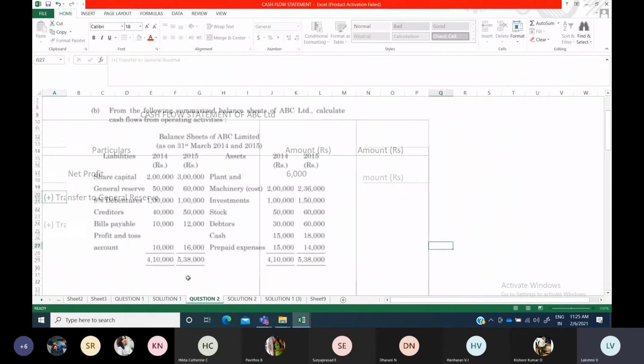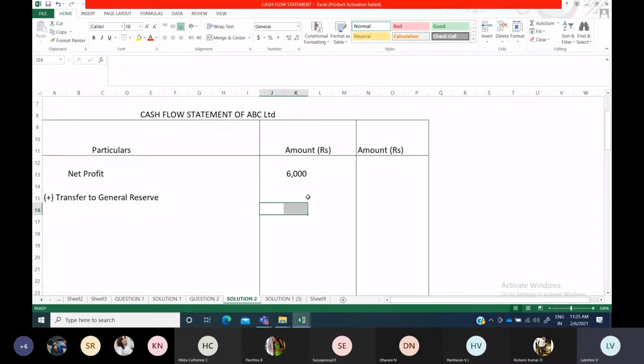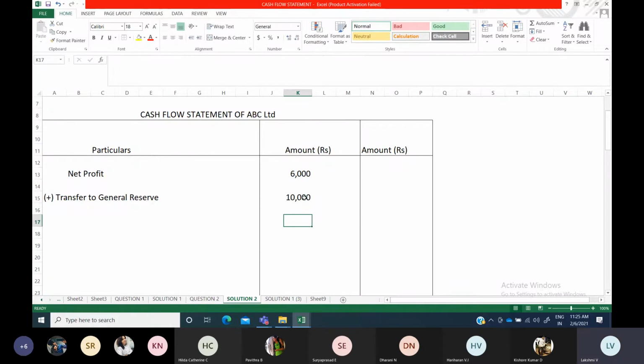Now if you see in this question, you have transfer to general reserve, that is 10,000. 60 minus 50, 10,000 you have. So that one you have to add over here. Now nothing other items here. So with this we can total up.